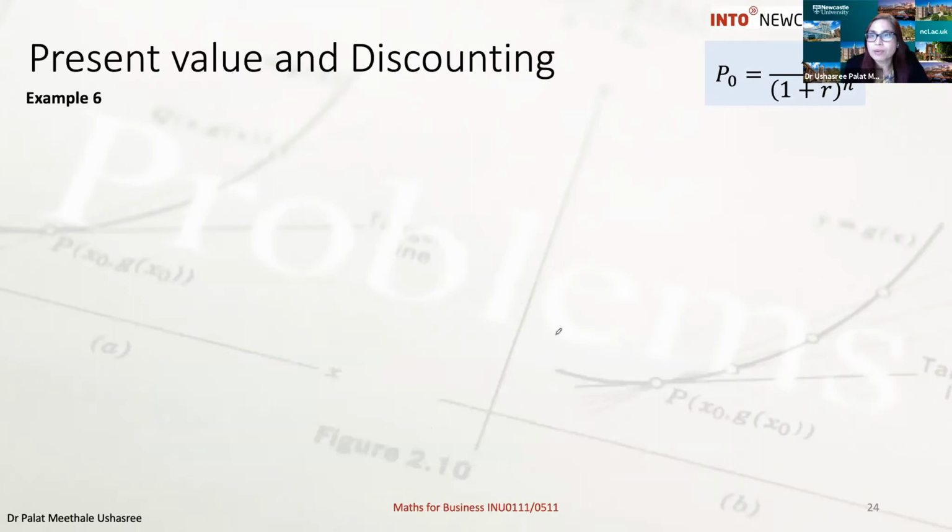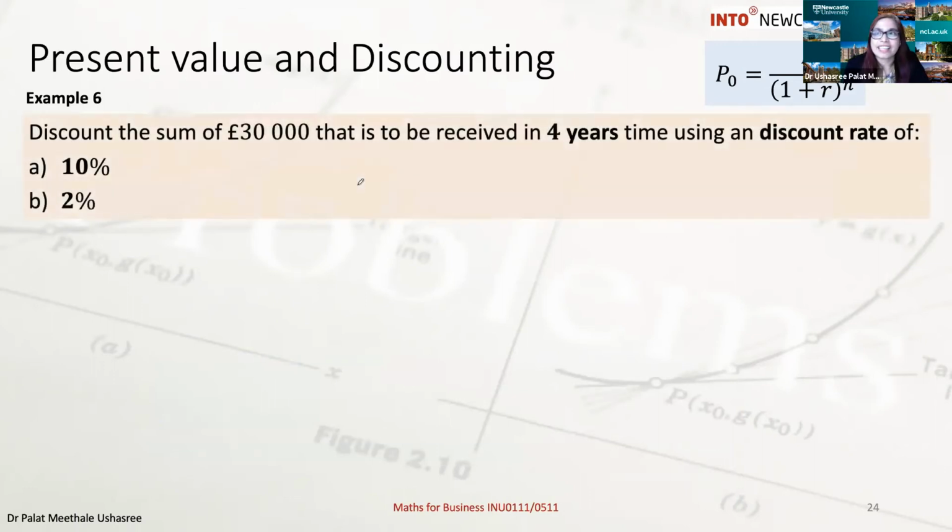Now use that formula and calculate for these two different discount rates. Calculate for 4 years. What will be the present value?